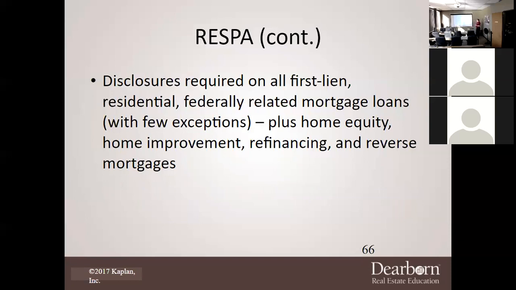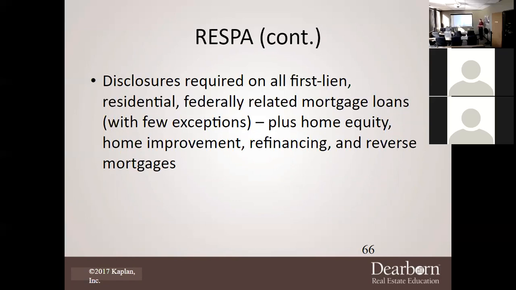Disclosures are also required on all first liens, residential, federally related mortgage loans, with a few exceptions, plus home equity, home improvement, refinancing, and reverse mortgages. So any of these types of loans, RESPA applies to. But if it doesn't apply, then can you have kickbacks?